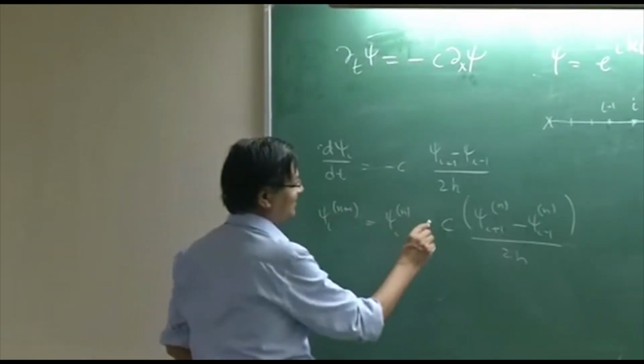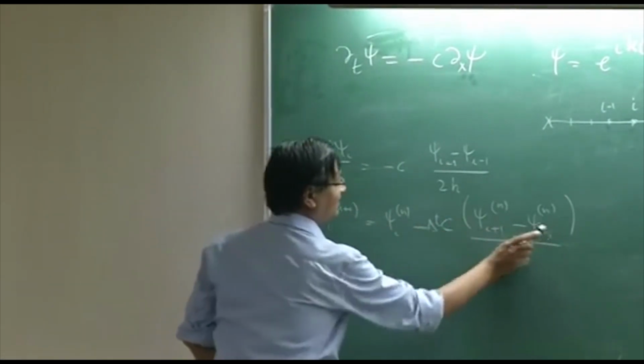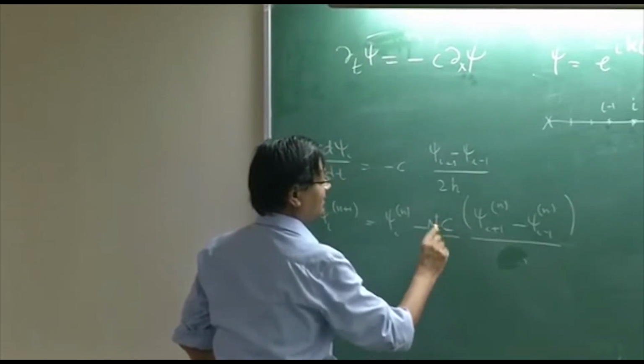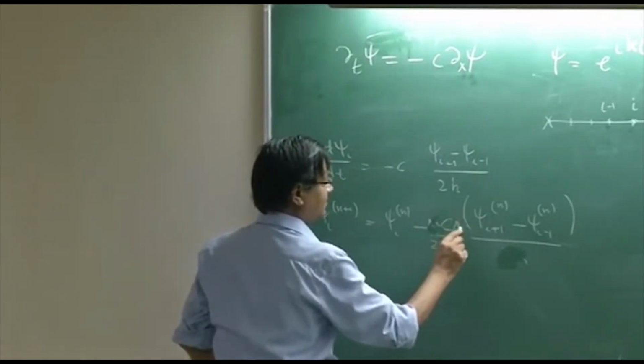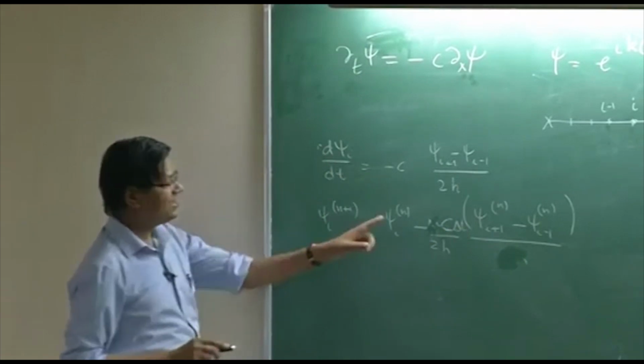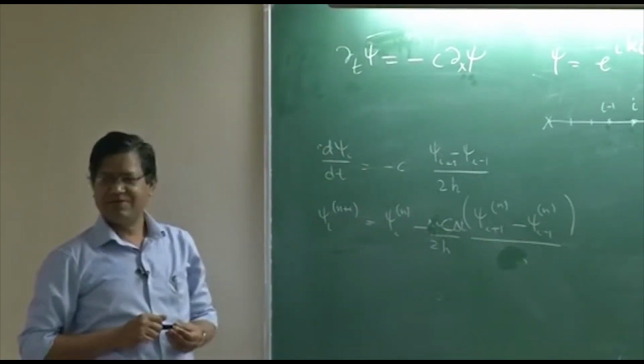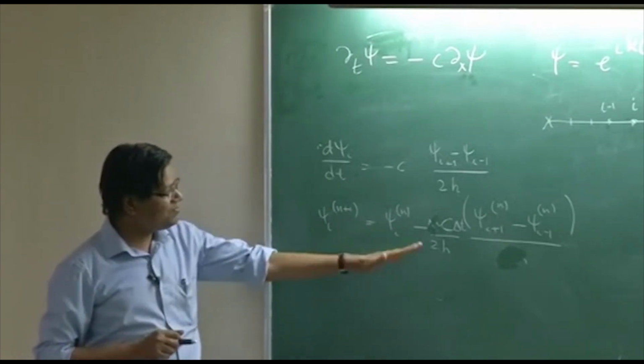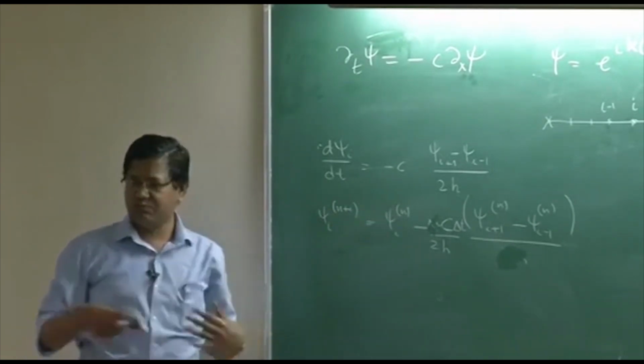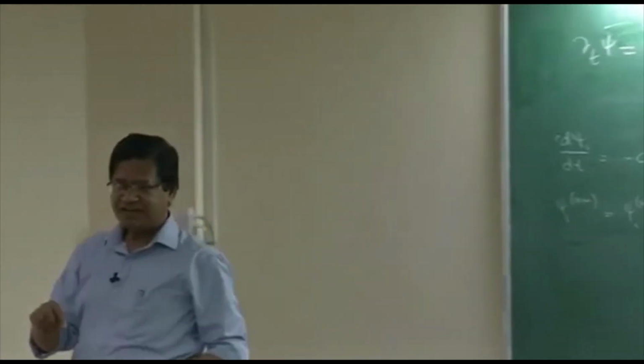Delta t has to be there. Now given psi^n, I can go to psi^(n+1) for every i. So I get the values at the next time step, and then I can go from t equal to 0 to t final.